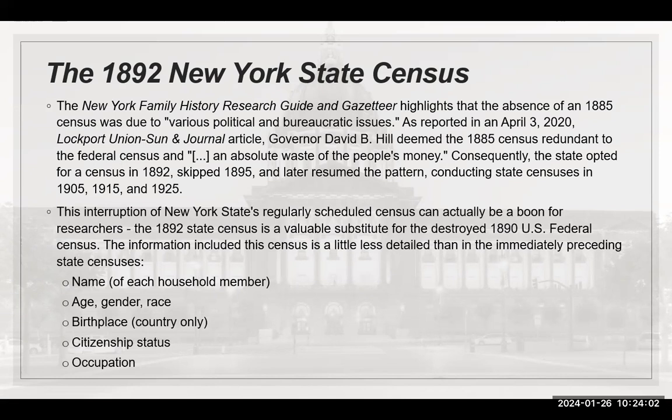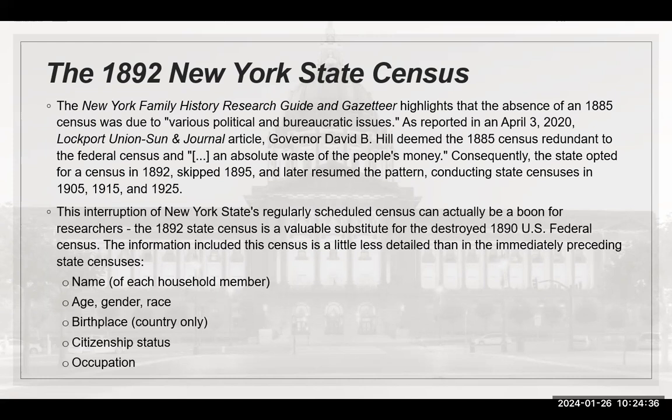As reported in an April 3rd, 2020 Lockport Union Sun and Journal article, Governor David B. Hill deemed the 1885 census redundant to the federal census and an absolute waste of the people's money. Consequently, the state opted for a census in 1892, skipped 1895, and later resumed the pattern, conducting state censuses in 1905, 1915, and 1925.